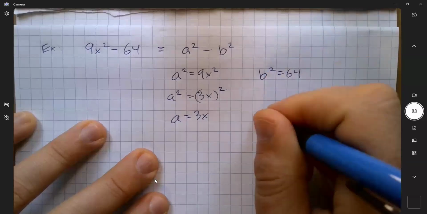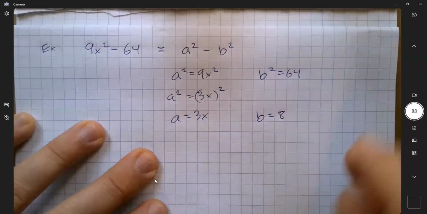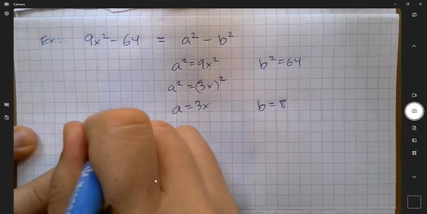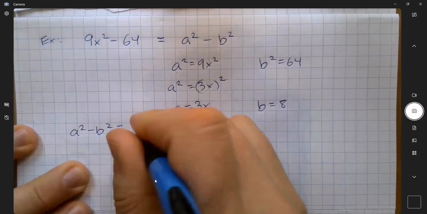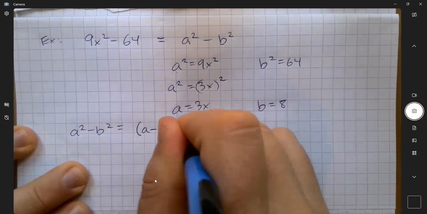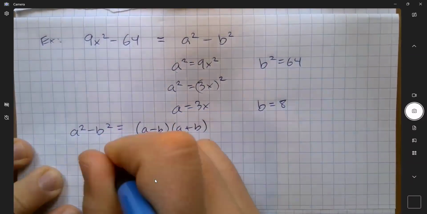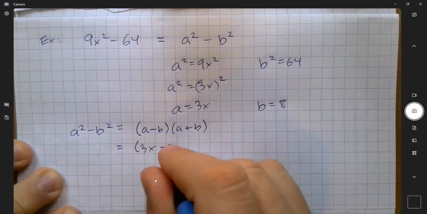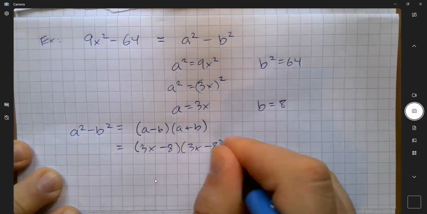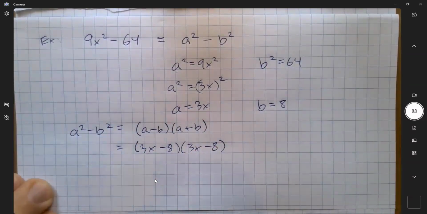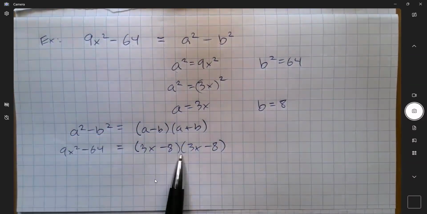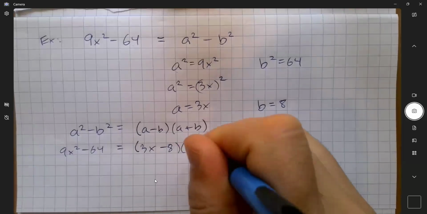And if b squared is 64, then b is 8. And then I use my difference of squares formula. A squared minus b squared is a minus b times a plus b. A is 3x, and b is 8. And so 9x squared minus 64 equals 3x minus 8 times 3x plus 8. That should be a plus.